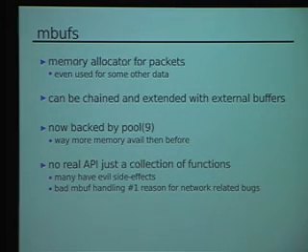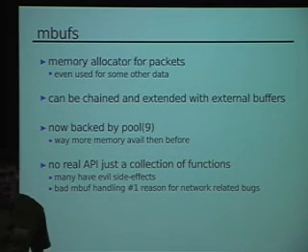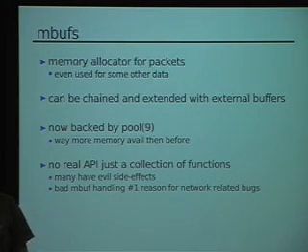So an external buffer is by default used, a cluster, which is 2K big, so a packet just fits nicely into that. The mbufs are now backed by our pool memory management system, which gives us a lot more mbufs than a couple of years ago. So many memory restrictions we had are now gone.